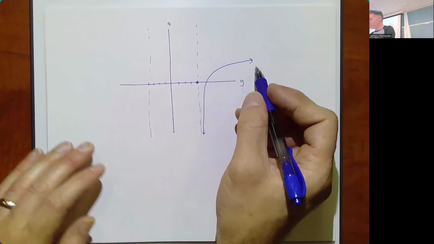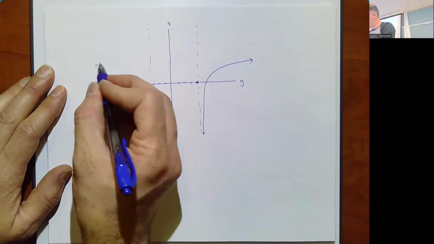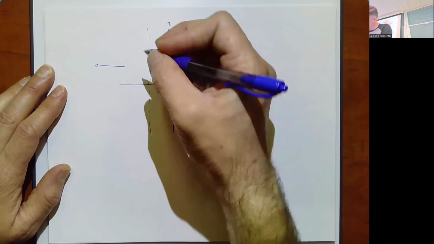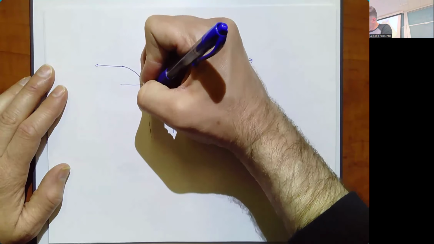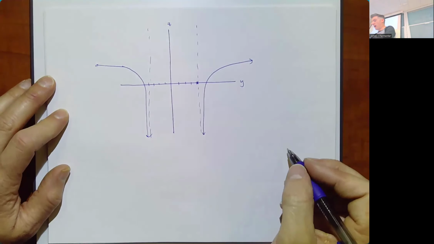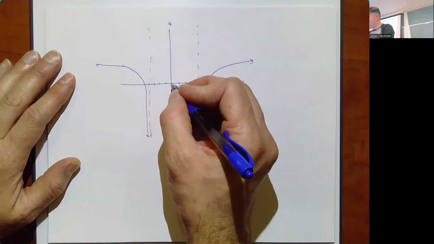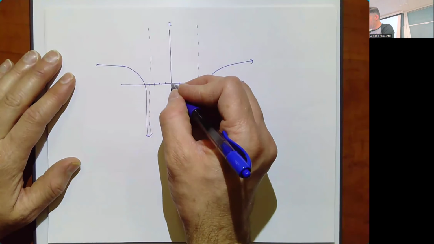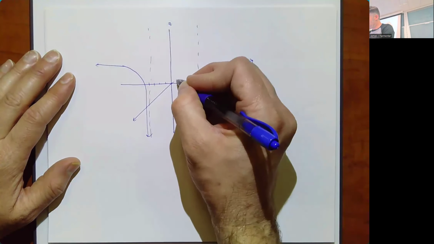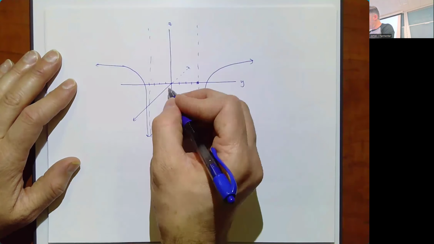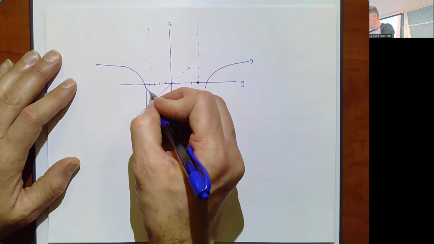I'm going to try my best to reflect it over here. It has the same look. That's okay. And then it's essentially rotating around the z-axis. So it's coming around like this.